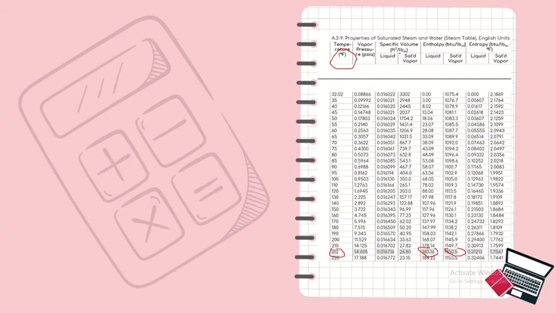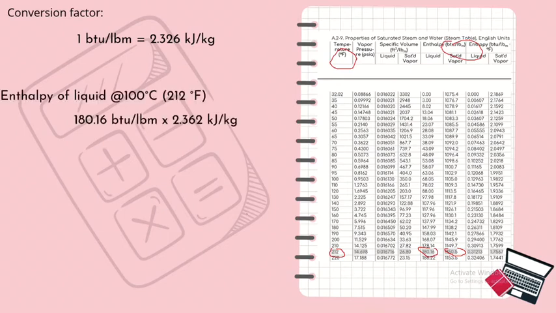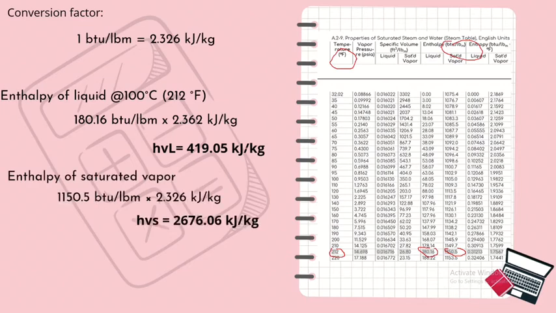But since the unit here is in BTU per pound mass, we'll be needing a conversion factor. 1 British thermal unit per pound mass is equivalent to 2.326 kilojoules per kilogram. We'll be needing this to convert our values in kilojoules per kilogram. So the enthalpy of liquid would be 419.05 kilojoules per kilogram, while the enthalpy of saturated vapor will be 2676.06 kilojoules per kilogram.